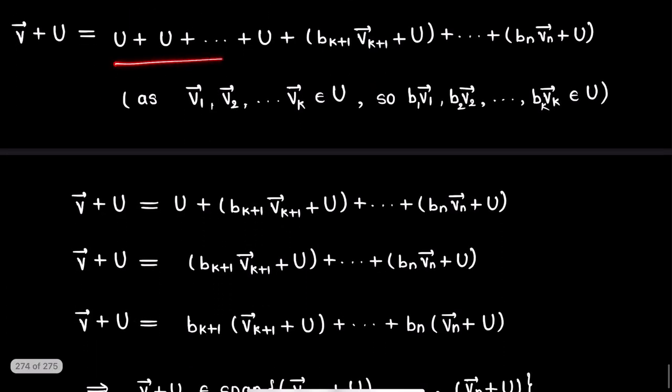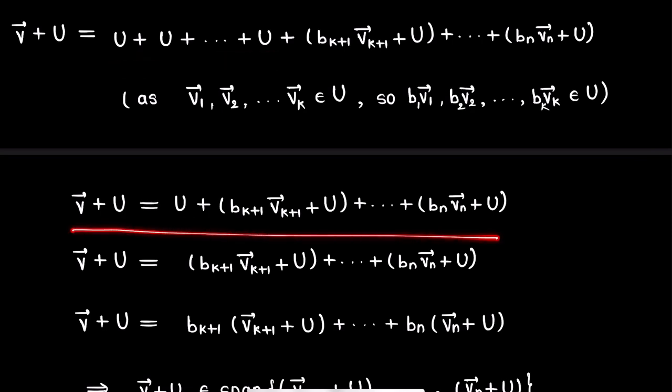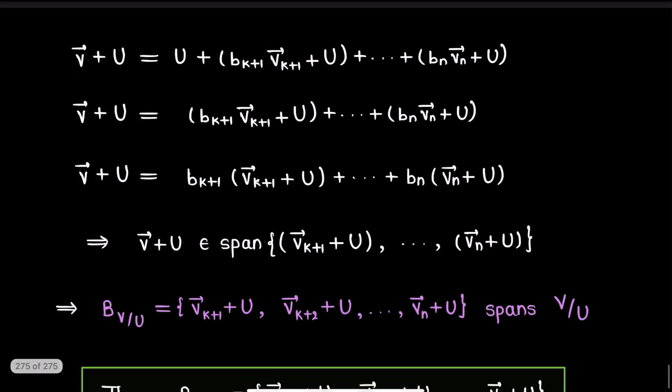Now as U is a subspace, this will be equal to just U. Now again adding these two cosets, our right hand side comes out to be this. So again this can be simplified to V + U is equal to bk+1 vk+1 + U plus and so on plus bn vn + U.